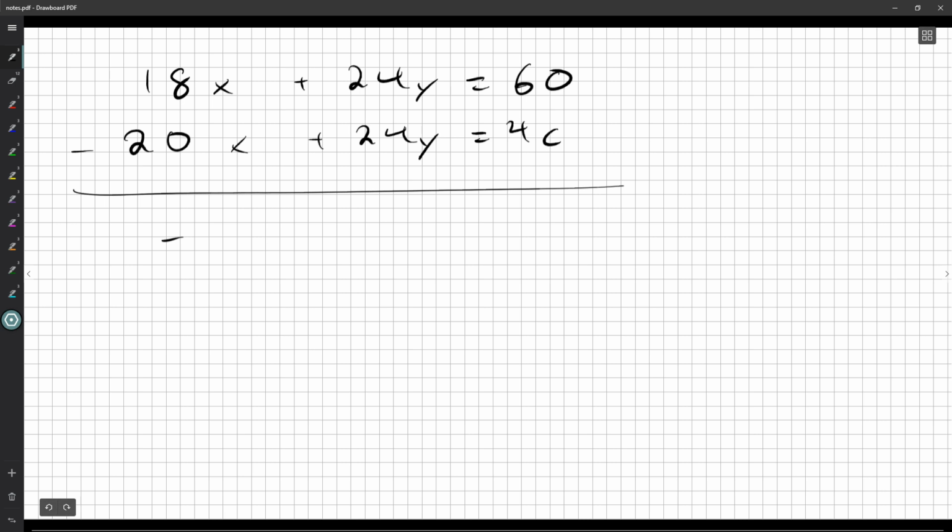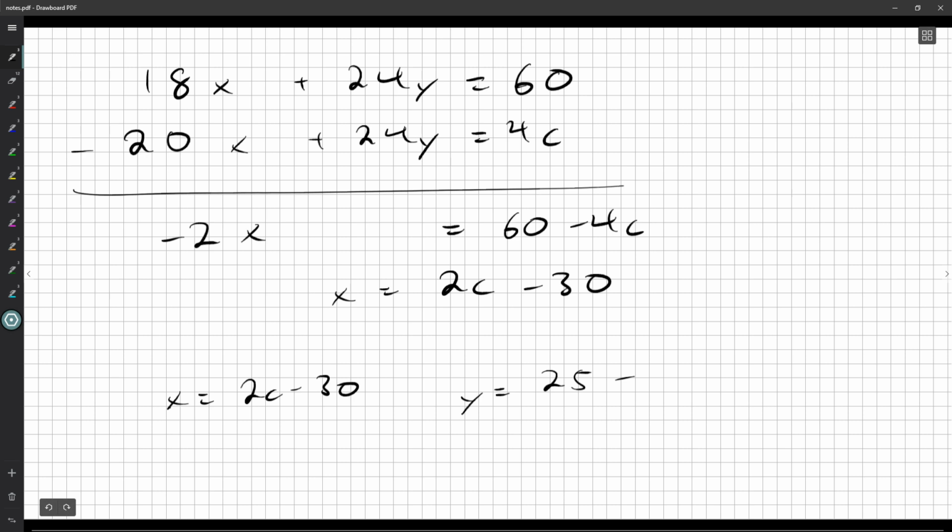Doesn't matter to me. Minus 2x is 60 minus 4c. So x, just divide both sides by 2. You'll get 30 minus 2c, but negative 2 will actually switch things around. So we'll say 2c minus 30. So x is 2c minus 30, and y is 25 minus 3 halves c.